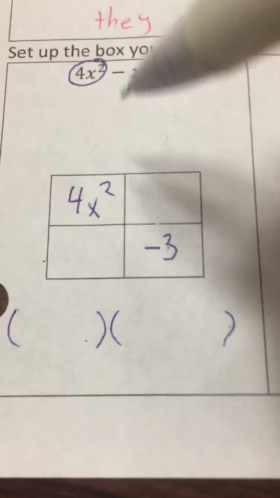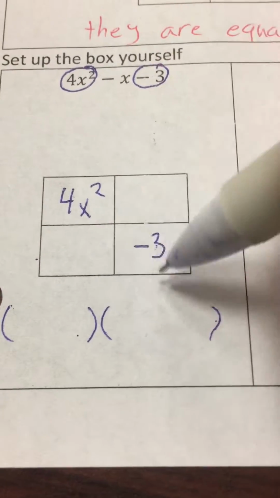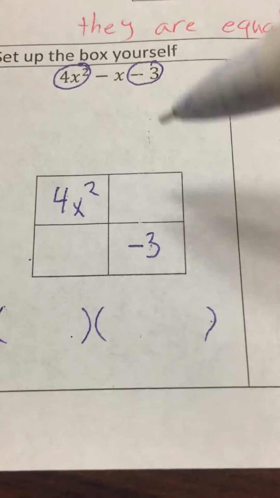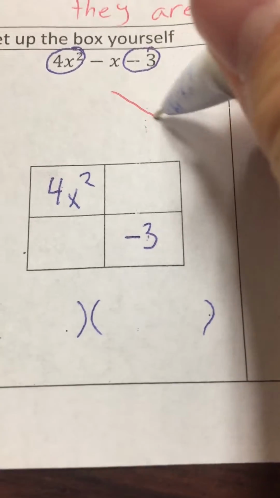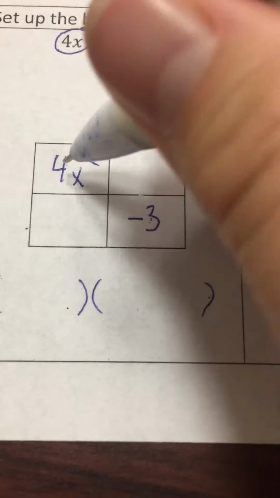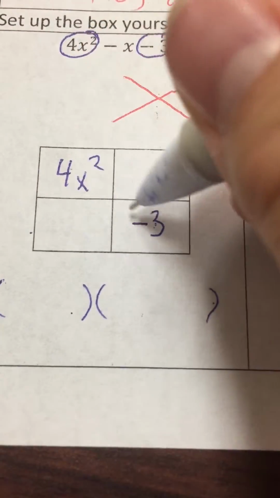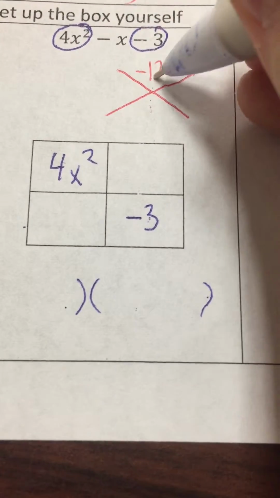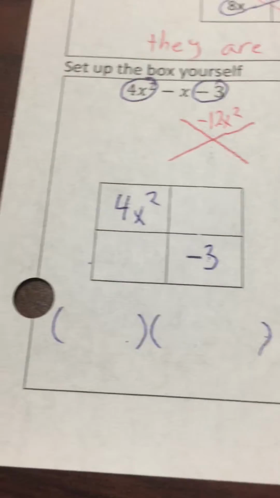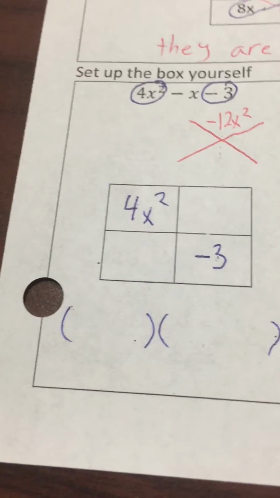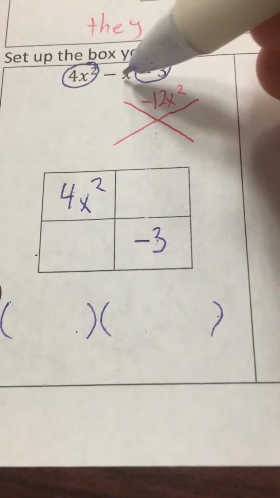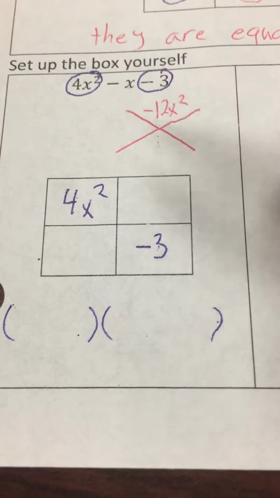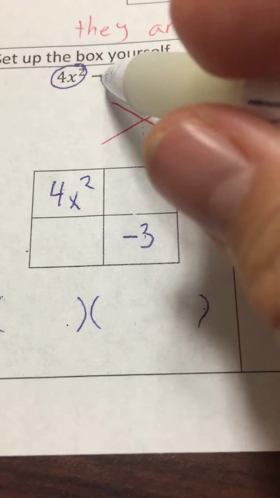Now the key idea is that this diagonal will multiply to the same as this diagonal. So I'm looking for two numbers that multiply to 4 times -3, which is -12x squared, and I want them to add up to the middle number, which is -x. So if you combine these together, you should get -x.